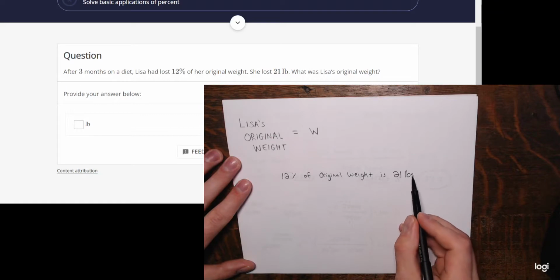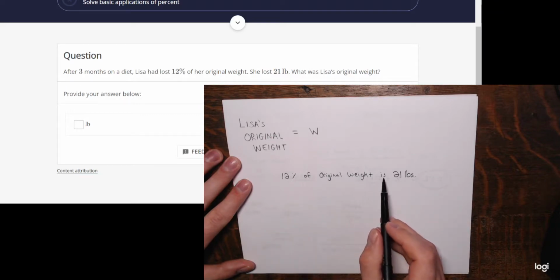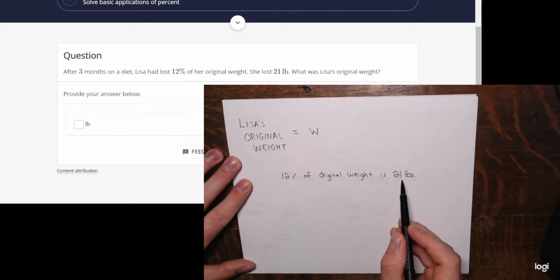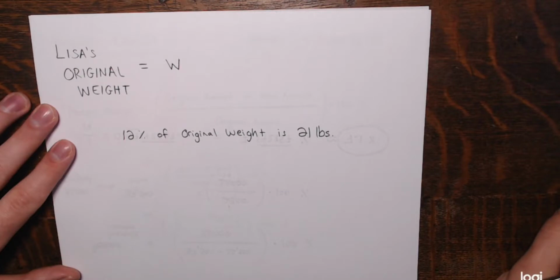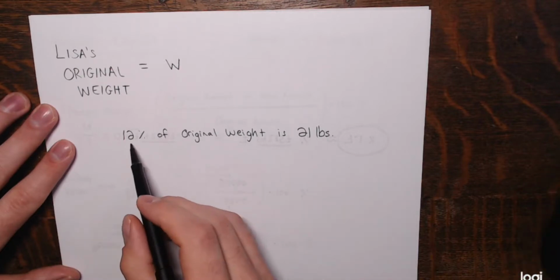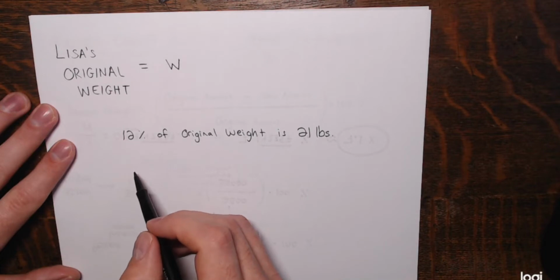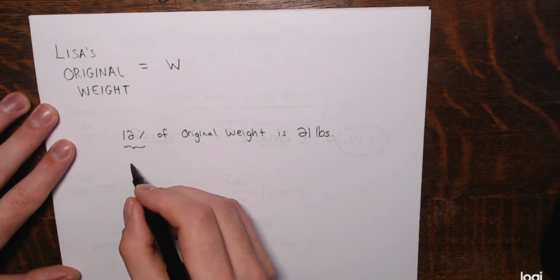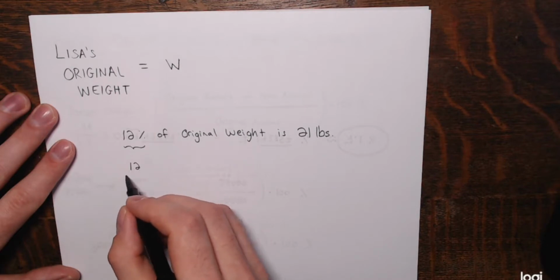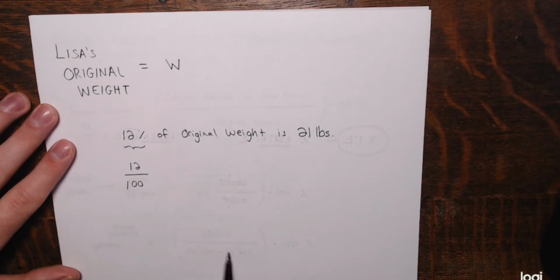So 12% of the original weight is 21 pounds, and I can translate that into an equation. Now 12%, you can write 0.12 or 12 divided by 100, which I like doing myself. This is the same thing as 12 percent. All right, 12 divided by 100.